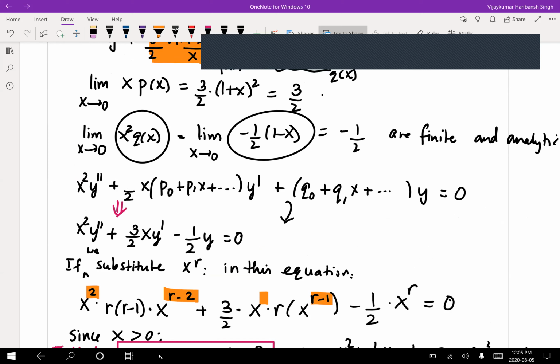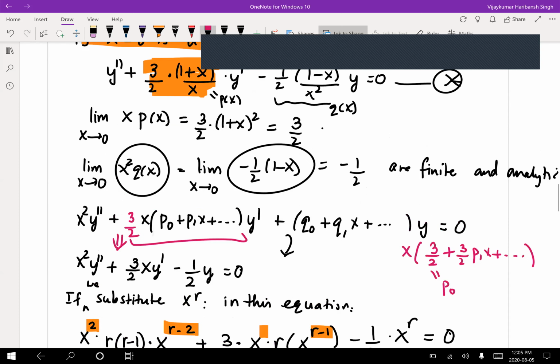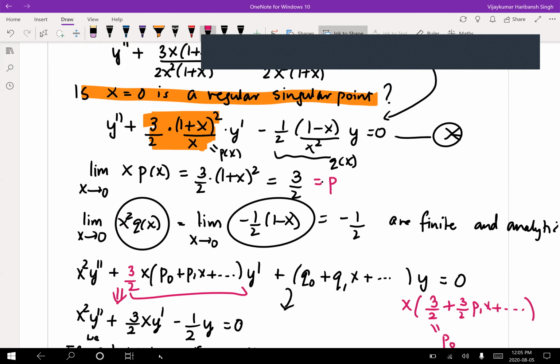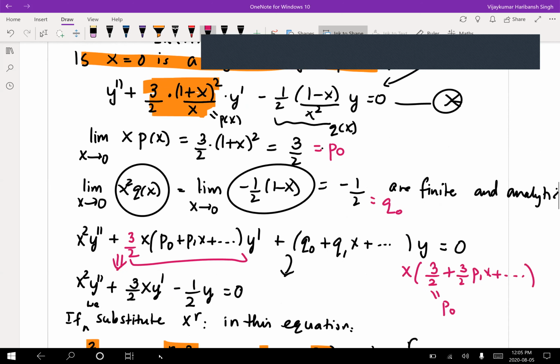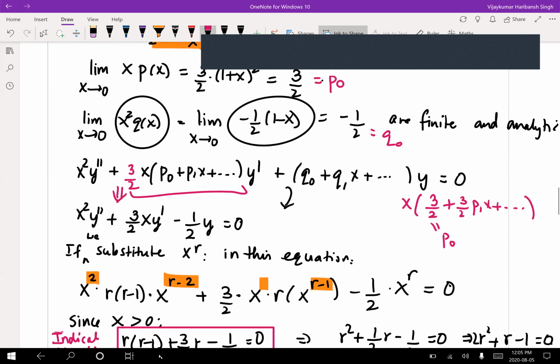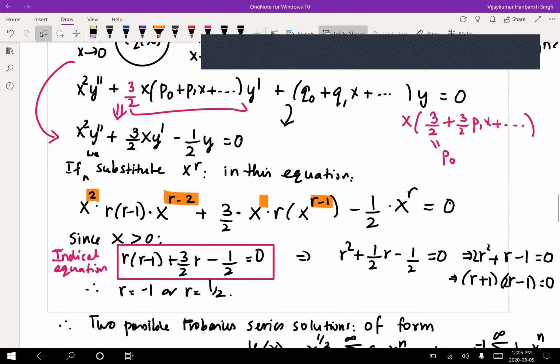If I write this series as x times 3 by 2 plus 3 by 2 p1 x and so on, I right away get p naught. Similarly your q naught is here. So the idea is when you get p naught and q naught, you can directly write down the corresponding Euler equation, and then you can go ahead to find the Indical solution.